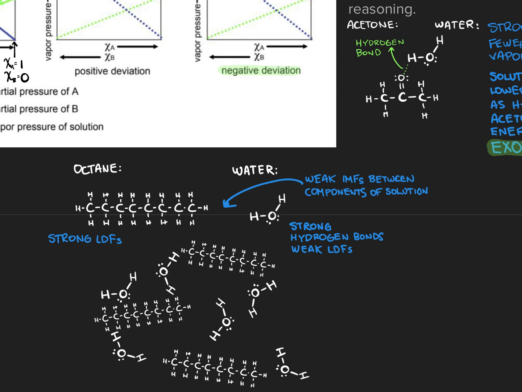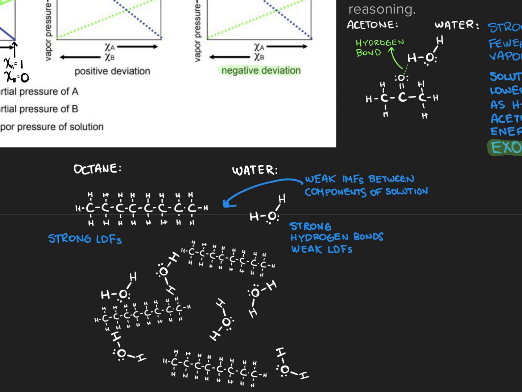And likewise, those octane molecules are now further spread apart from each other, now essentially being surrounded by water molecules. And as such, the LDFs between those octane molecules are going to be weakened as the distance between octane molecules on average increases.